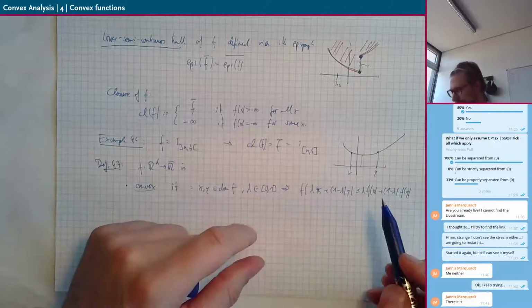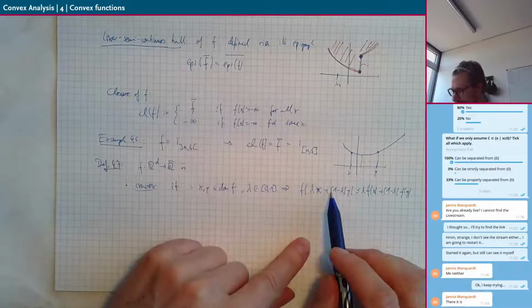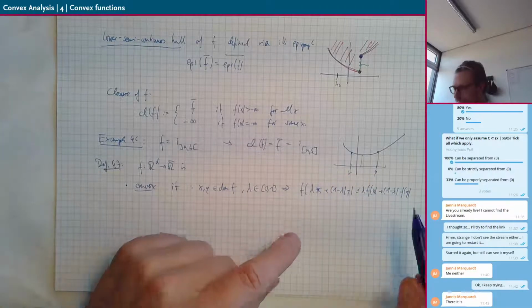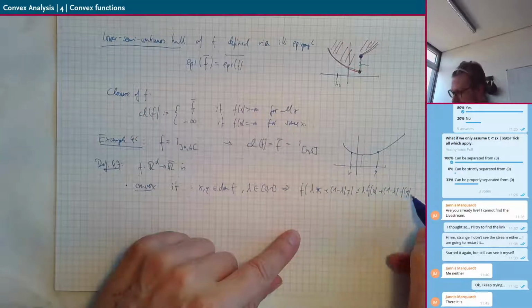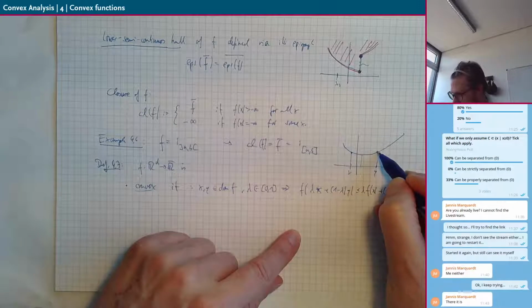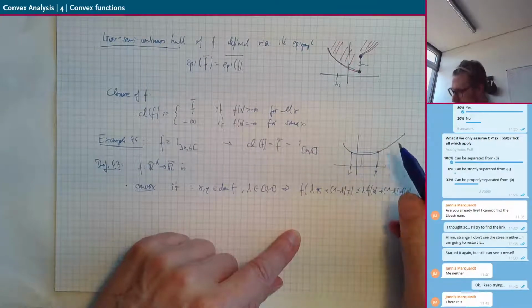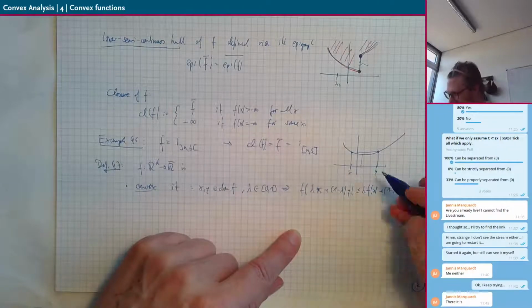And if you think of lambda varying from 0 to 1, you go from here to there in a linear fashion, and you also go from there down to there, and actually move along that line here. So this number here is actually the number up here.